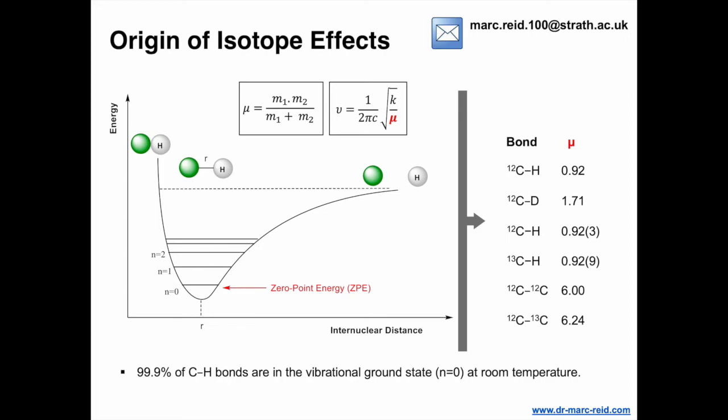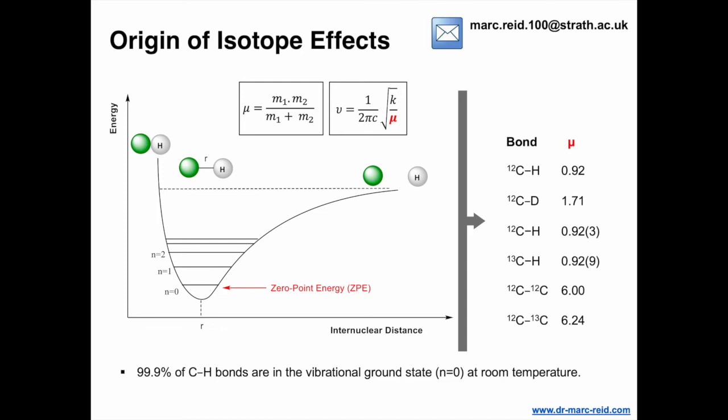If we look back at Hooke's law and see where reduced mass is placed in the equation, you can see that the effect of doubling mu on the denominator, going from carbon-12H to carbon-12D, is going to have a much bigger effect on stretching frequency nu than the more minute changes for other isotopes, for example carbon-12H to carbon-13H.